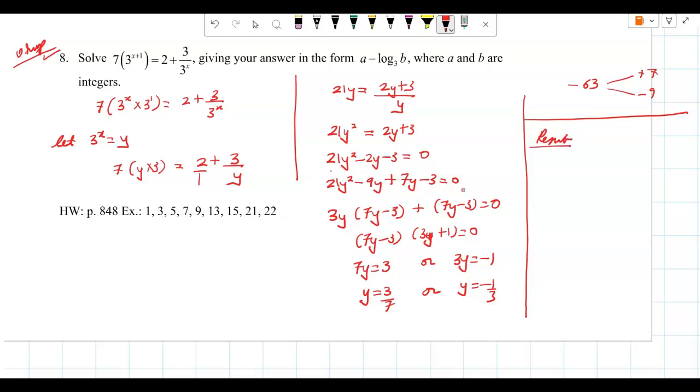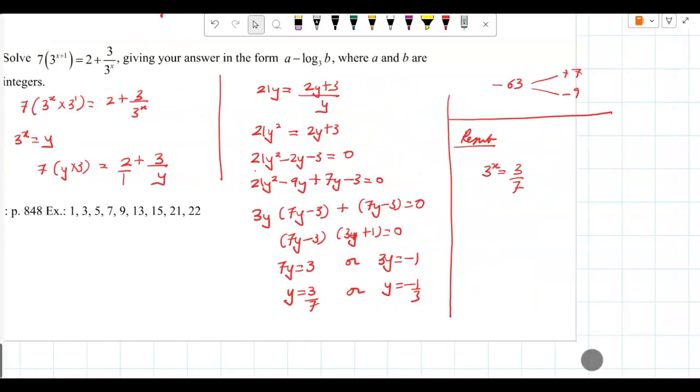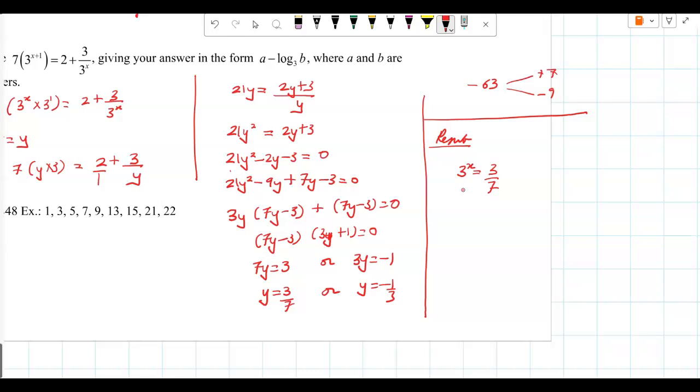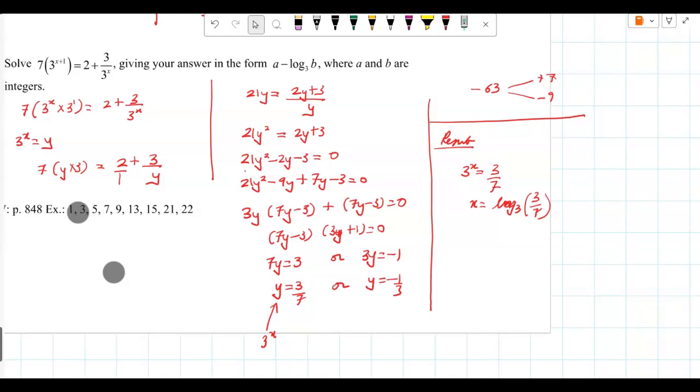3 raised to x is equal to 3 over 7. So what will your x be? Log to the base 3 of 3 over 7. I'm resubstituting: this is your 3 raised to x. In the beginning, you're changing from exponential to log.